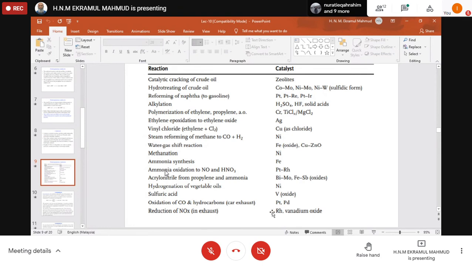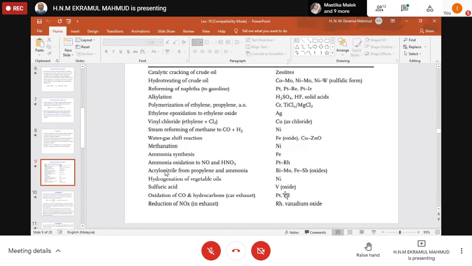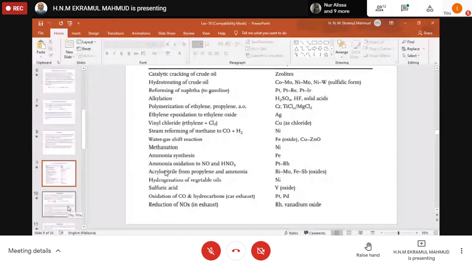It's not written here, but we have seen that previously. Vanadium oxide, okay. Rhodium and platinum together, and also palladium, are used for carbon monoxide conversion and unburned hydrocarbon conversion in the catalytic converter.